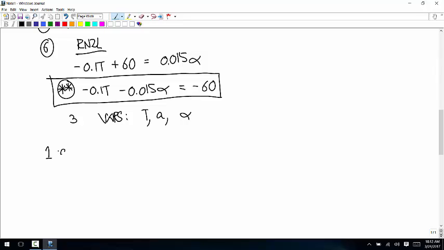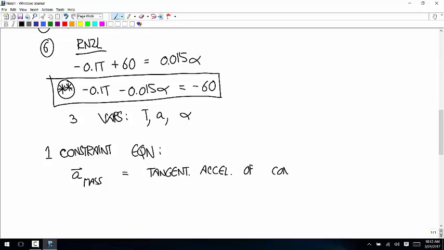So we need one constraint equation. And that is that the acceleration vector of the mass is equal to the tangential acceleration of the contact point on the pulley.